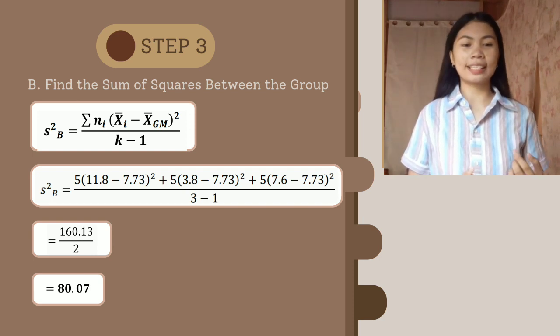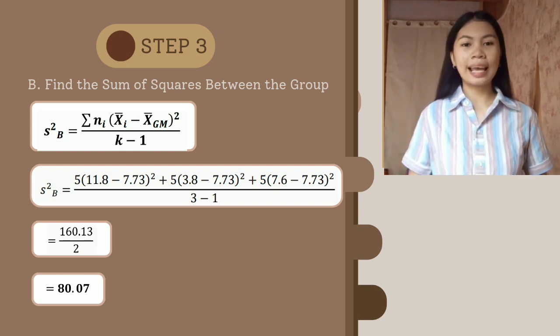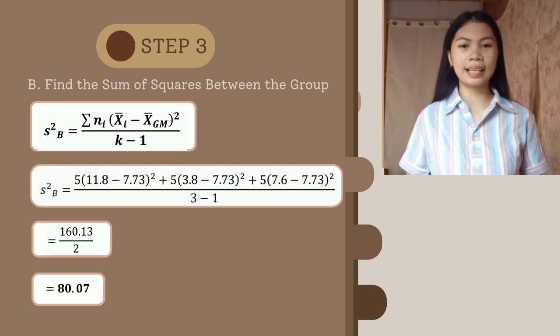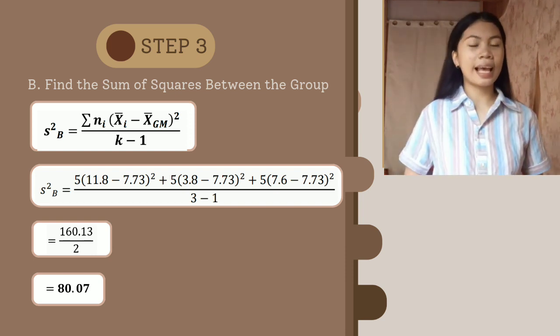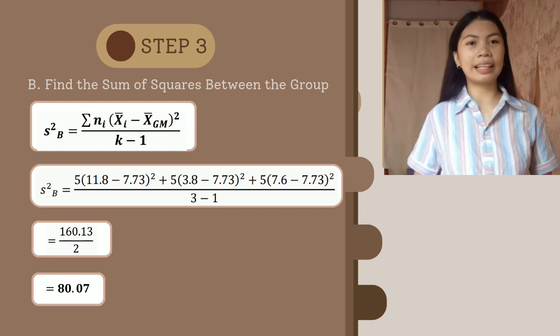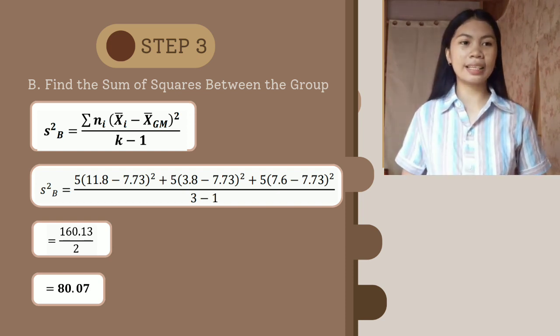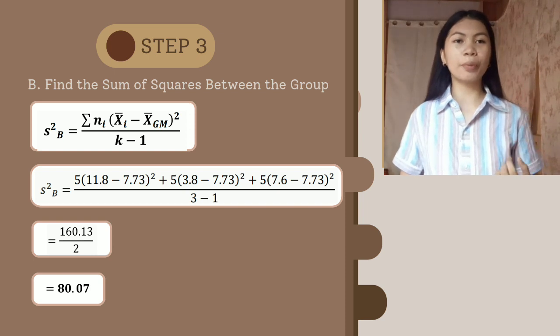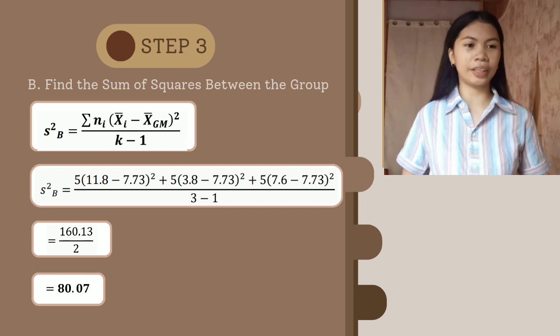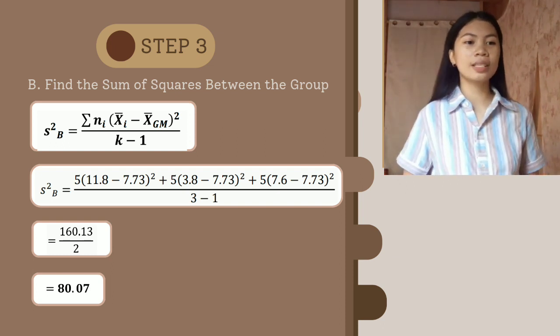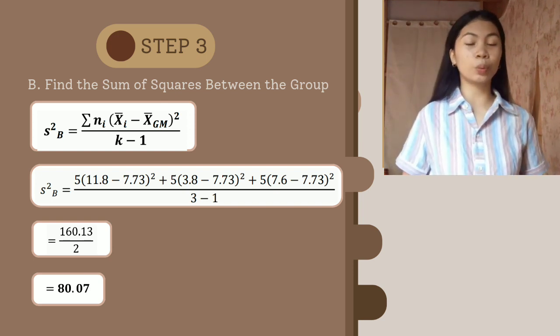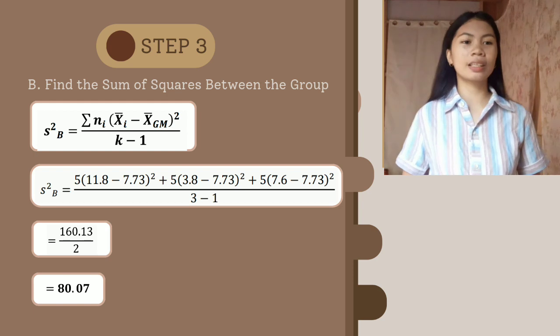Let's proceed on how to find the sum of squares between the groups. The formula is sum of squares between groups equals sigma of the sample sizes times the mean minus the grand mean squared, over the number of groups minus 1, equals 5 times (11.8 minus 7.73) squared plus 5 times (3.8 minus 7.73) squared plus 5 times (7.6 minus 7.73) squared, over 3 minus 1, equals 160.13 over 2 equals 80.07.